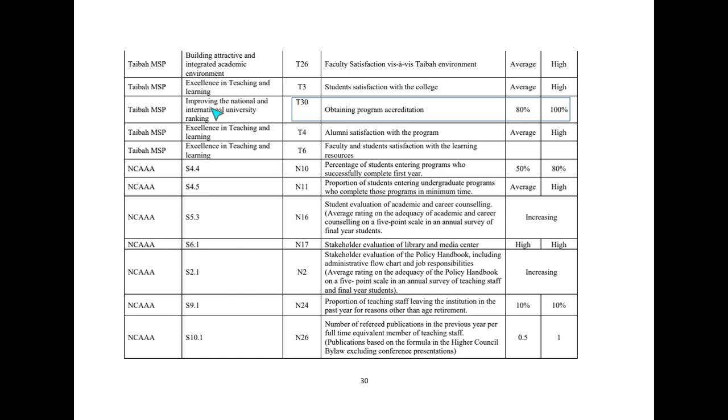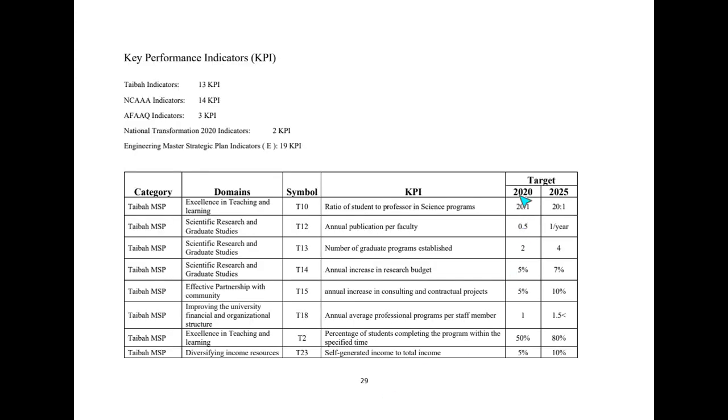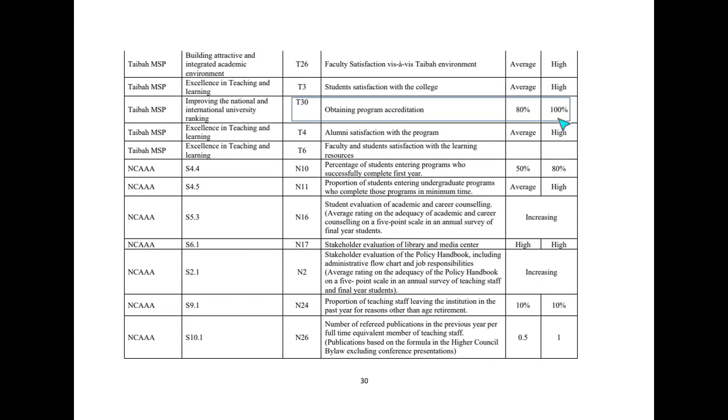The KPI, improving the national and international university ranking, obtain program accreditation. The current was 80%, and then you have 100. What is the 80? Let's go back here. This is the target in 2020. 80% of the programs have to be accredited, and in 2025, 100% of the programs to be accredited.